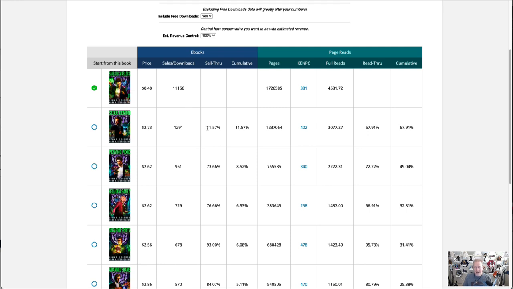But on top of that, 64% of those people were going to book 2, as opposed to 20% or 19% of those people going to book 2. So not only are you making more money on the first book, you're also making more money on the sell-through, because you're getting more people to convert. And so what we determined was, people who were grabbing the 99-cent book, it's not that they wouldn't have loved the book and wanted to jump to book 2. It's probably that they didn't have enough skin in the game.